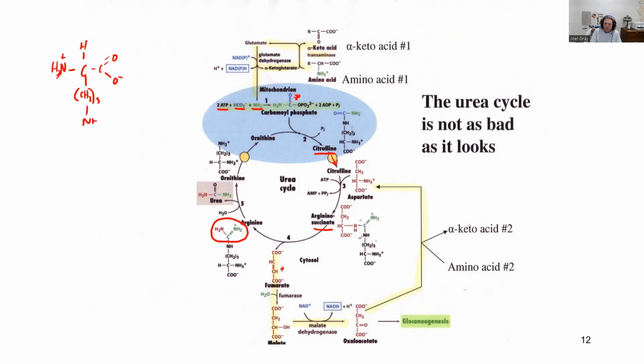And H, C, and H2. H2 and that would be positively charged. Now, this is an amino acid that I always kind of struggled with, in part because you have this R group that's kind of funky.